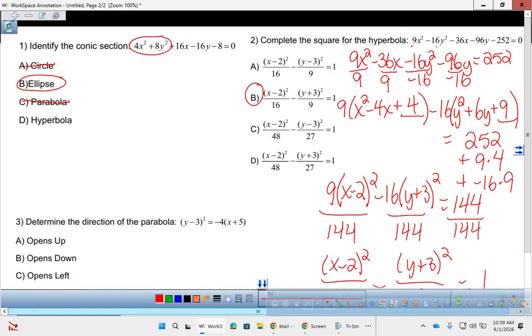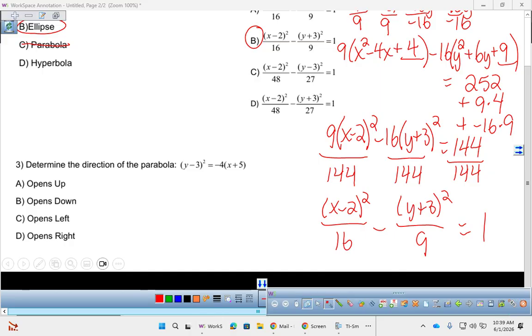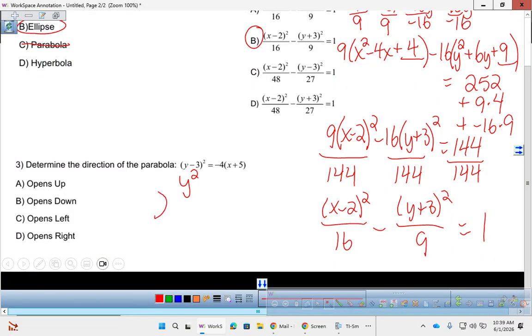All right, and then the last one says, determine the direction of the parabola. Well, y squared tells me that it's going to go either left or right. X squared is a traditional parabola. If I were to type x squared into the calculator, it would be a U shape. So the fact that this is y squared means it's either going to be left or right.